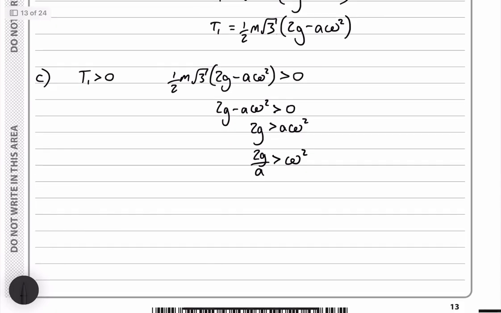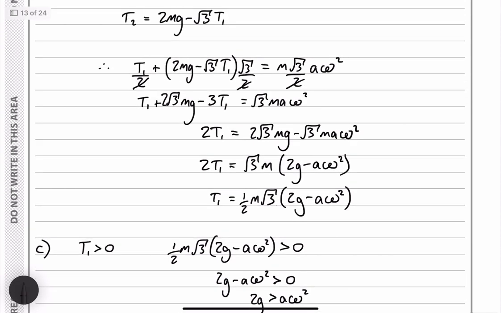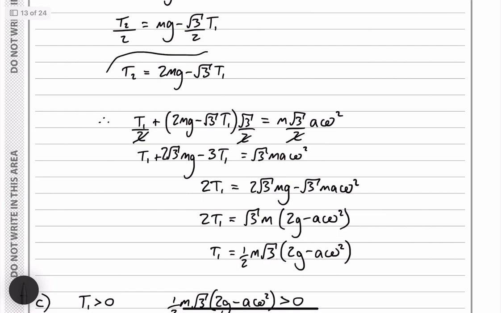Or more to the point of what they've got, omega squared is less than 2g over a. But we also need to know T2, and we're going to use this expression here, knowing T1.